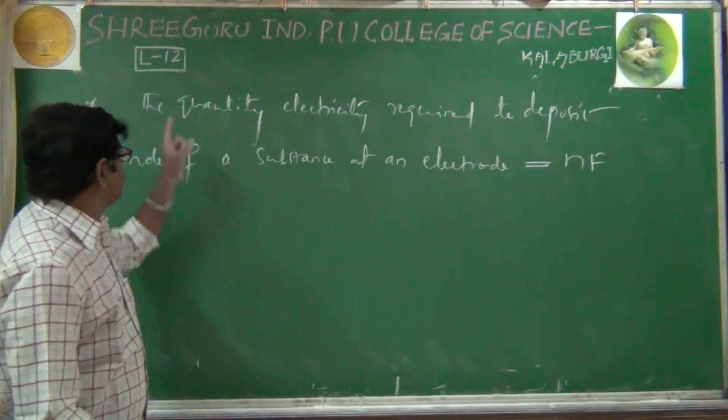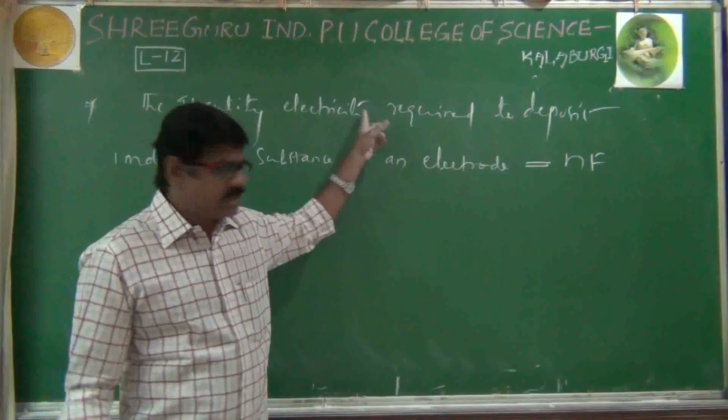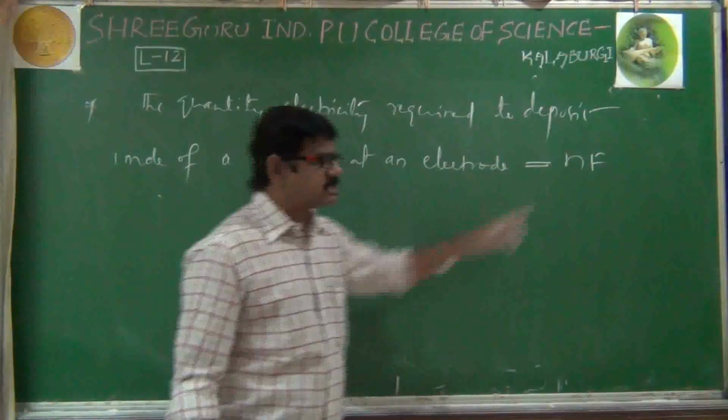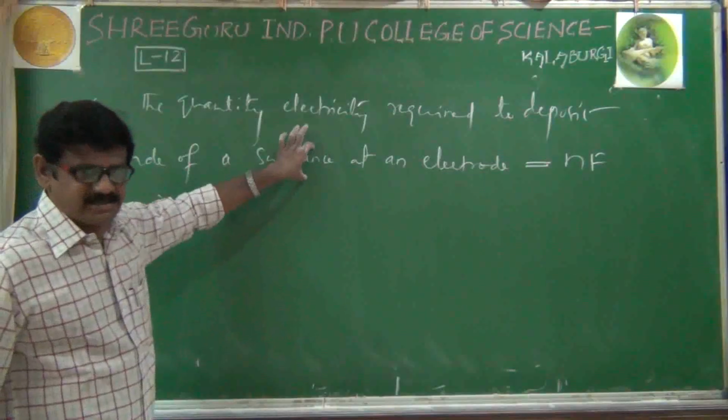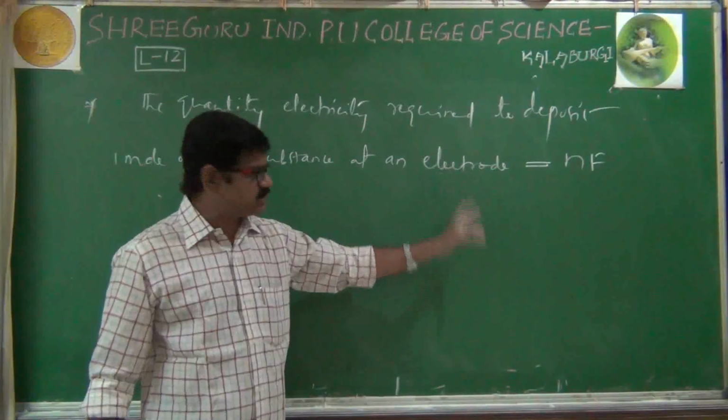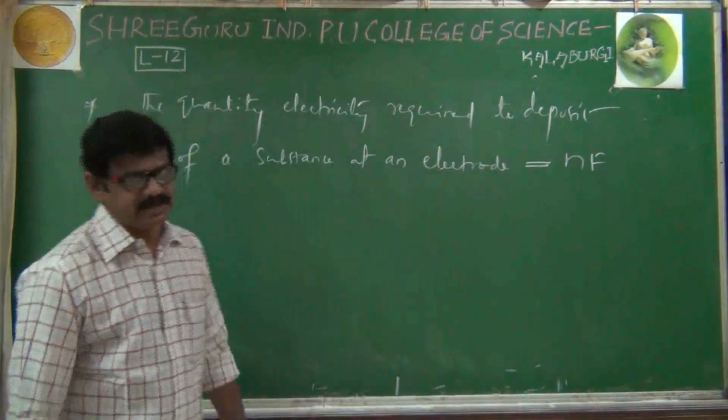I'll repeat. The quantity of electricity required to deposit 1 mole of any substance at the respective electrode is equal to nF, n Faradays.